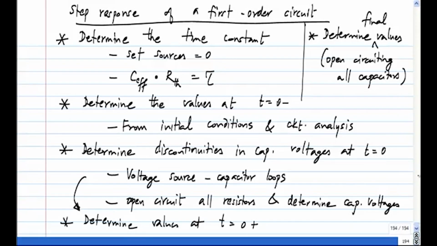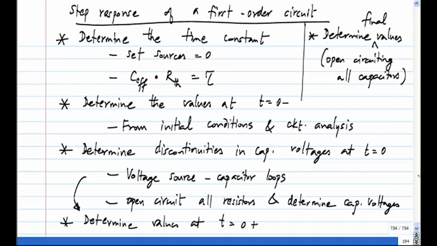We expect voltages across capacitors also to be piecewise constant. So when the voltage across the capacitor is constant, the current through that is 0. That's why we are open circuiting it. This is not valid for any other type of input. Okay, if you had input that was going up and down, you expect the capacitor voltage also to be constantly changing. In that case, clearly you can't open circuit anything. There will be currents through that. So only because of this piecewise constant nature of the input that you can do this.